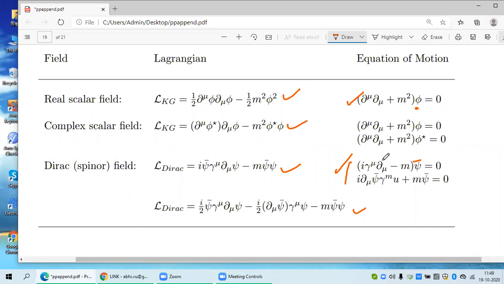Now, in nature, there is another set of Lorentz invariant equations of motion, which we did not initially derive by combining special relativity and quantum mechanics, but which were derived directly from experiment, and those are Maxwell's equations. Maxwell's equations are invariant under Lorentz transformations, not Galilean transformations.